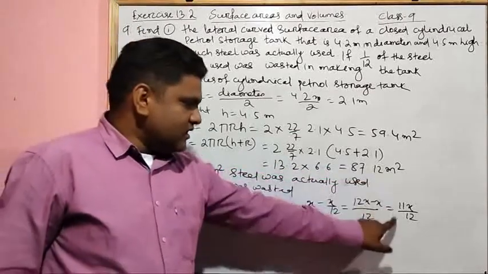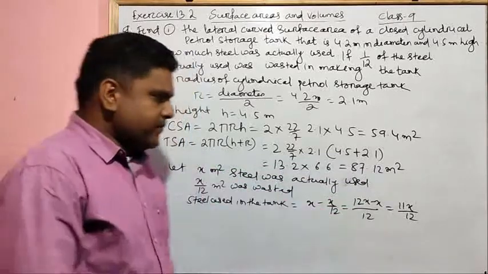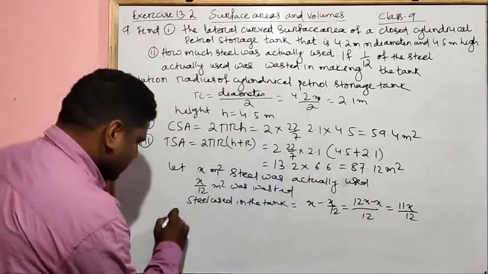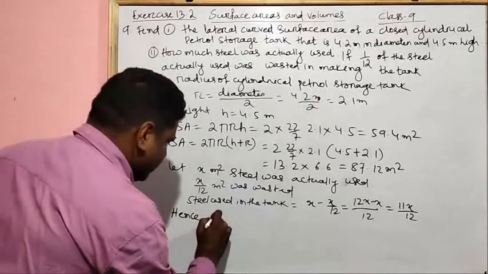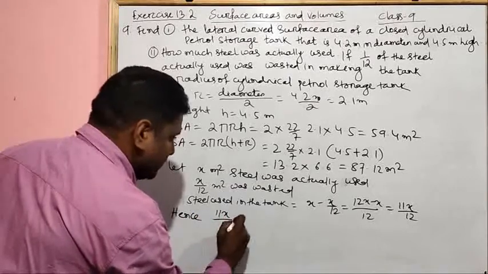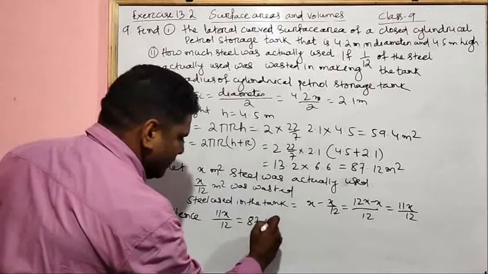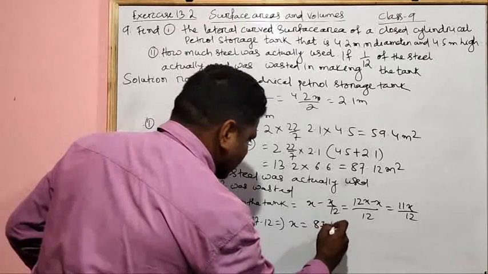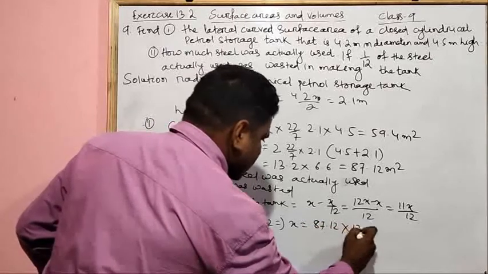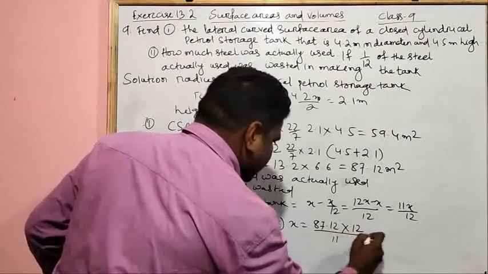So this and this must be equal. Hence 11x by 12 equal to 87.12, this implies that x equal to 87.12 into 12 by 11.